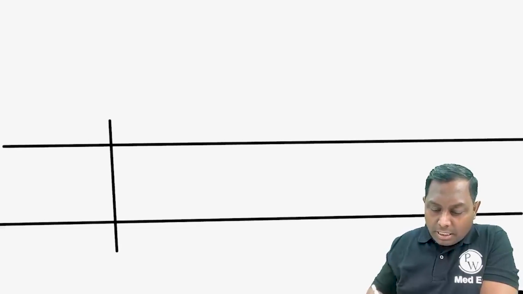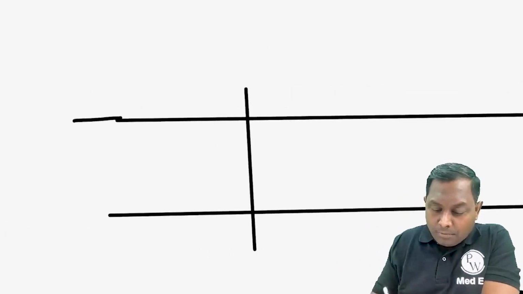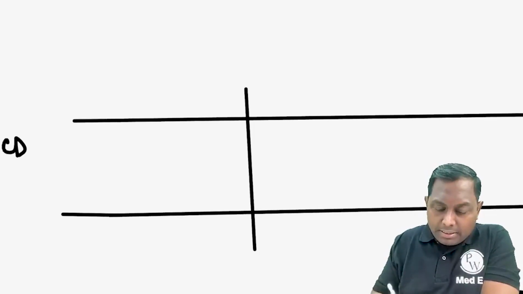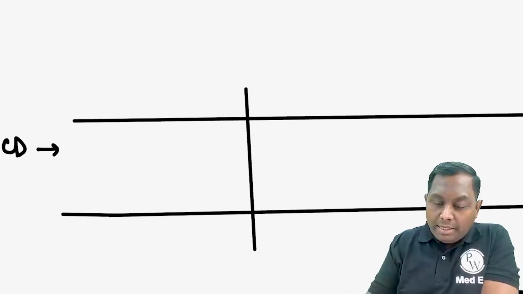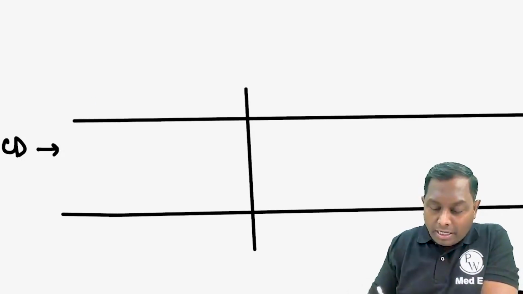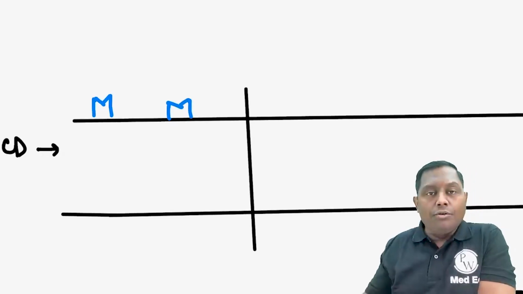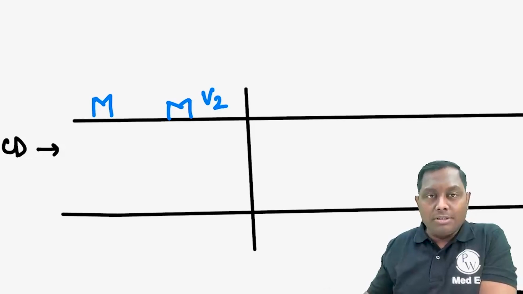And in a normal scenario, what happens? In this segment of the collecting duct, let's say this is intracellular and the outside is extracellular, and in this segment of collecting duct we have some receptors, and the name of these receptors is V2 receptor, that is the vasopressin receptor.